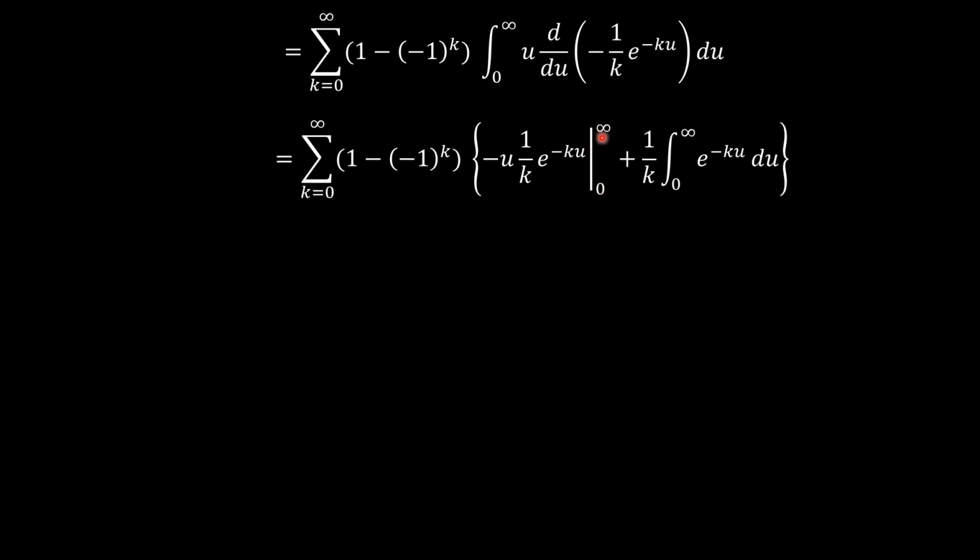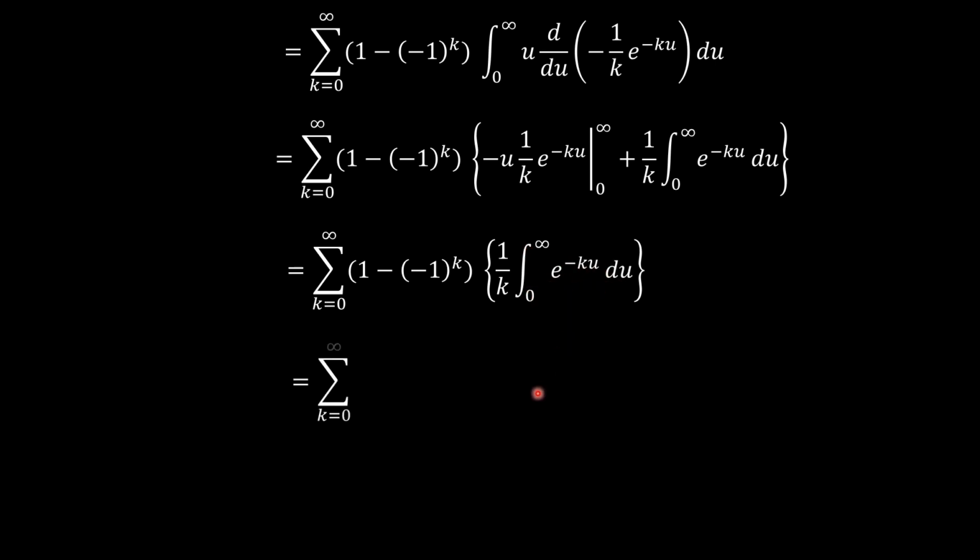When u tends to infinity, this part tends to 0, so this entire thing goes to 0. When u tends to 0, this is 0, so this entire thing goes to 0. And so we are left with the integral of 1 over k times e to the power negative k u.